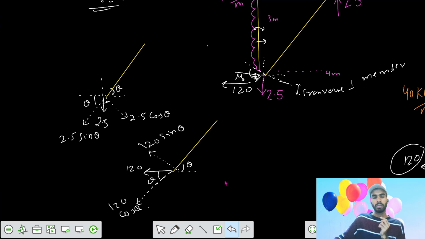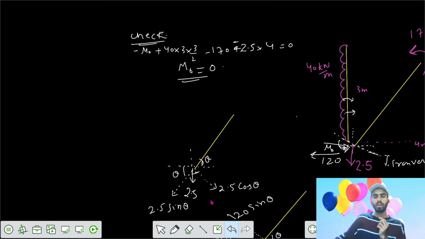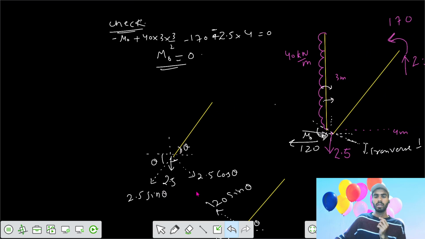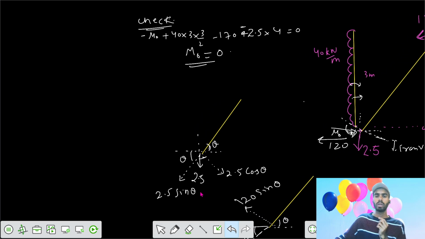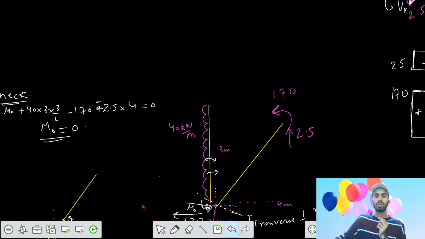So next member is your UDL. Since it's not in the perpendicular and horizontal direction to the member AB, we need to resolve the UDL also.